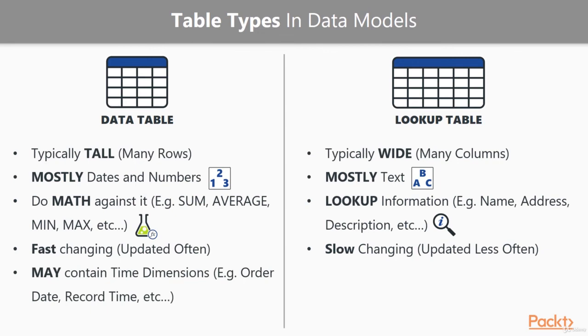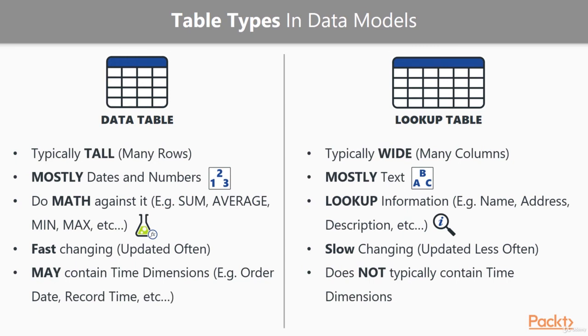Last but not least, data tables almost always contain some element of time, whether or not it's date and time or just date. Whatever transaction is being recorded on this table usually comes with some sort of record when it occurred. Similarly, since lookup tables don't record transactions, they normally don't contain any date or timestamp.